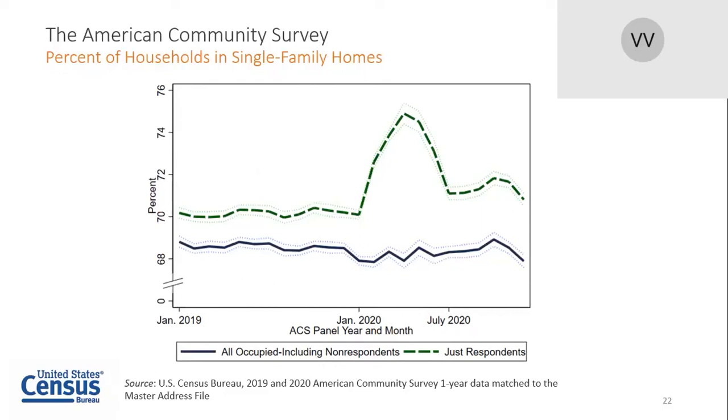But then this gap greatly increased when the pandemic started and in-person interviewing was suspended. And then the gap went down later in late summer and the fall of 2020 when in-person interviewing resumed for a lot of the country. But still, it seems the difference didn't quite get back to pre-pandemic levels.